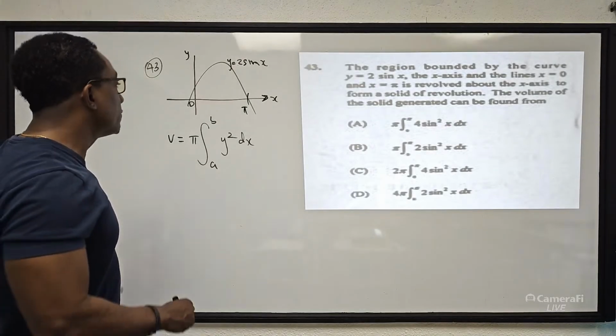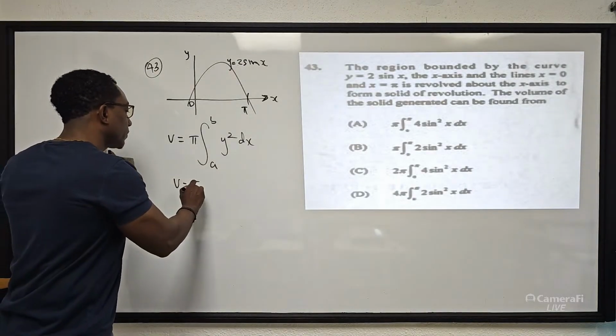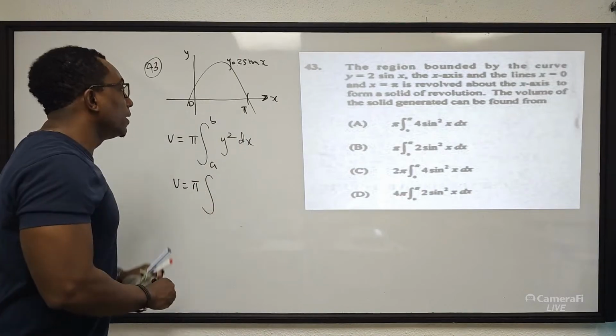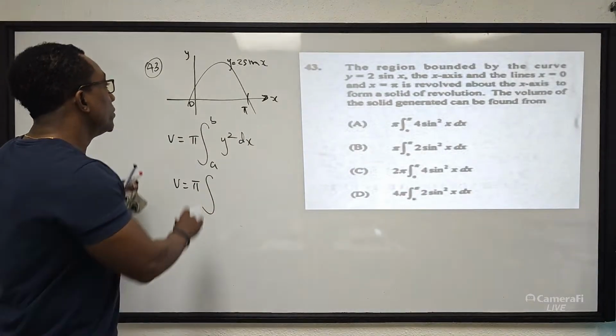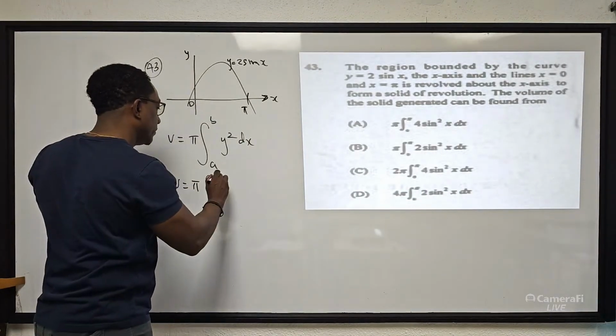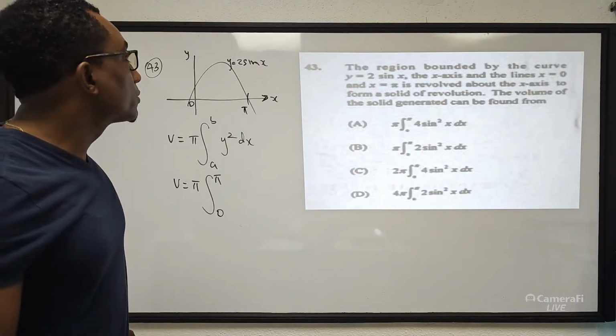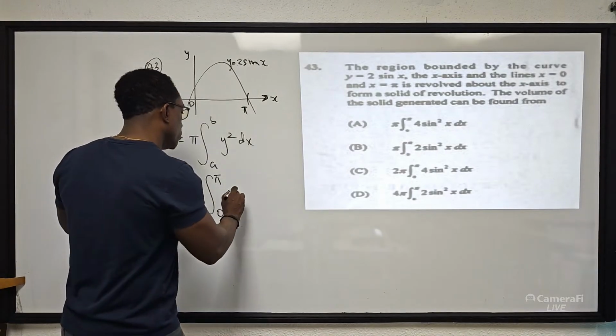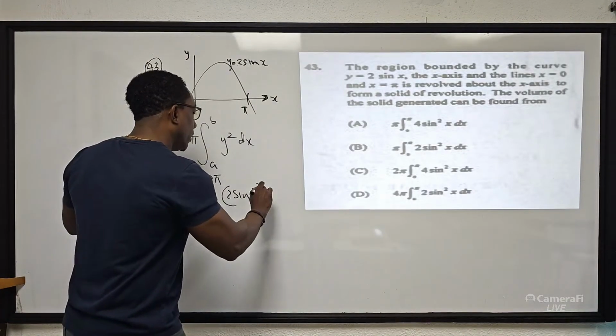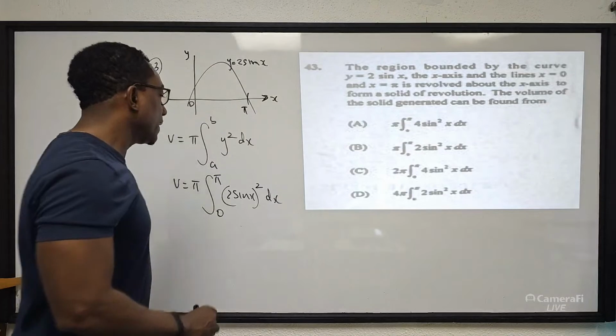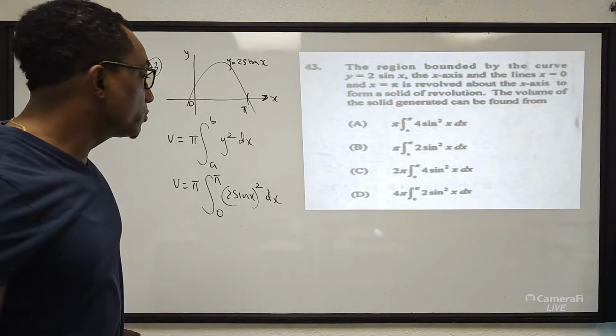So this becomes V is equal to pi, your limits will be 0 and pi. But y squared, y is what? 2 sine x. So this becomes (2 sine x) all squared dx. When I square that, that's 2 sine x by 2 sine x.